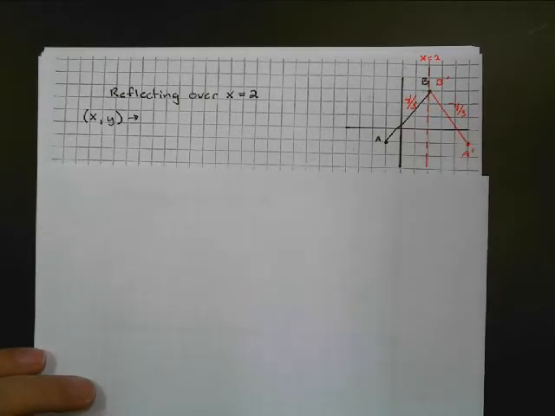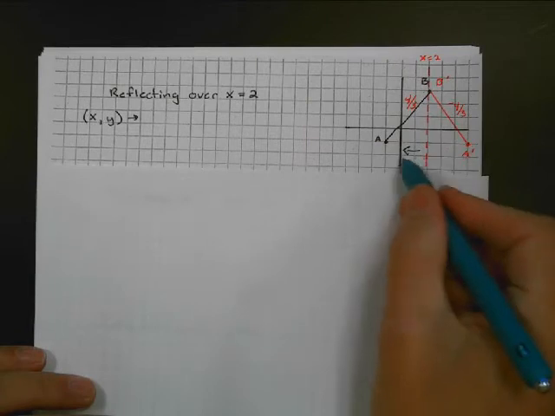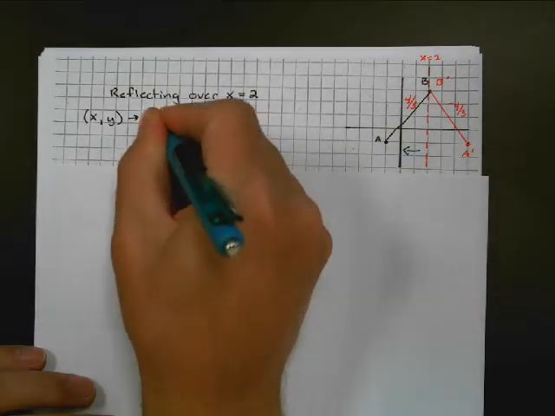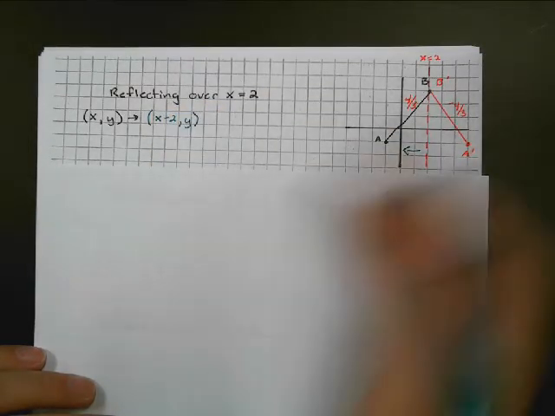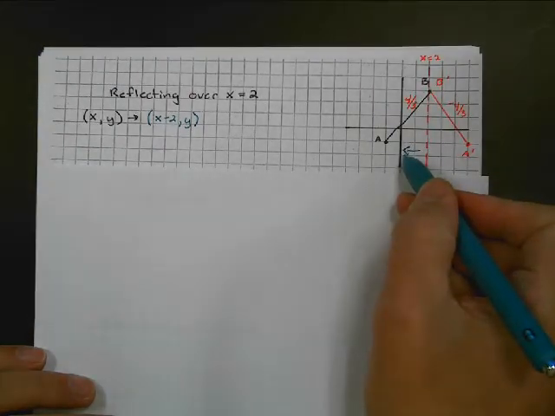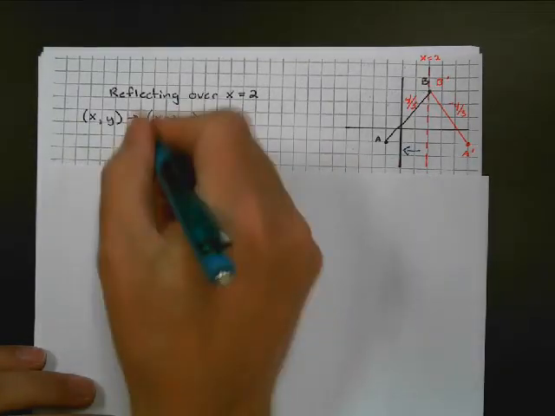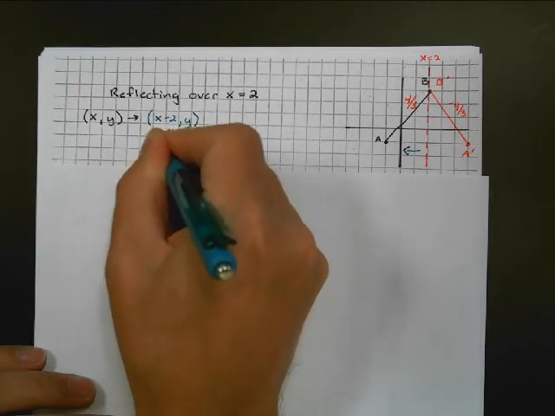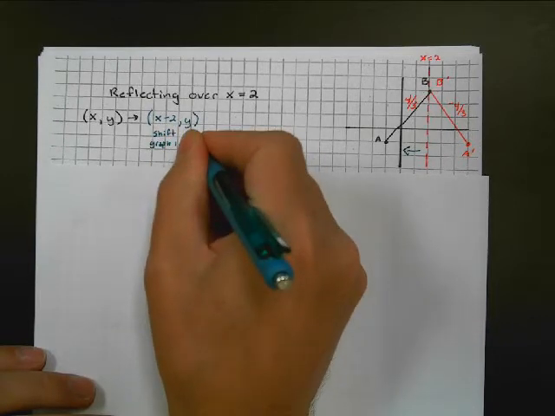But I don't have the axis here. What we can do is shift the graph backwards 2 units to the left. Well, I learned in translations that shifting it left 2 was (x - 2, y). So if I shift the whole graph backwards 2, that would be a translation where we do (x - 2, y).